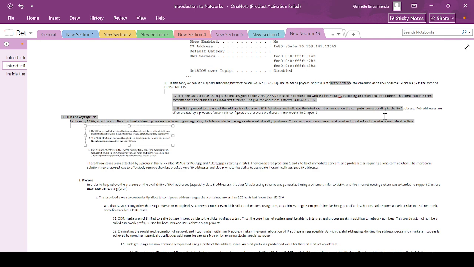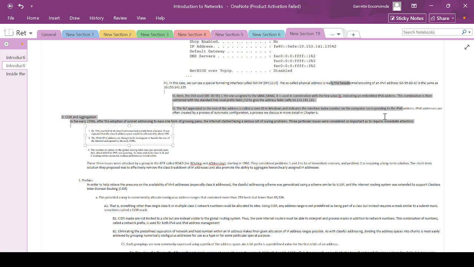IPv6 addresses are often created by a process of automatic configuration, a process we discuss in more detail in Chapter 6. So these are usually created using an automatic conversion or algorithm, because imagine you had to convert this in your router, right? So this is how it is being converted under the hood.